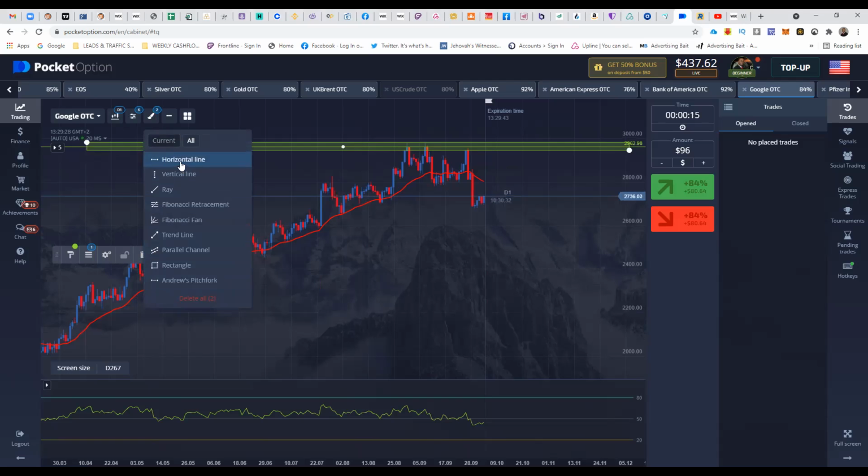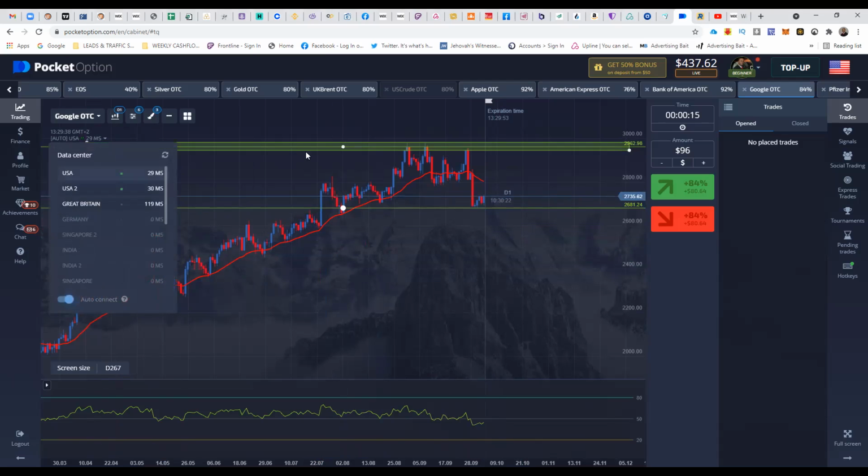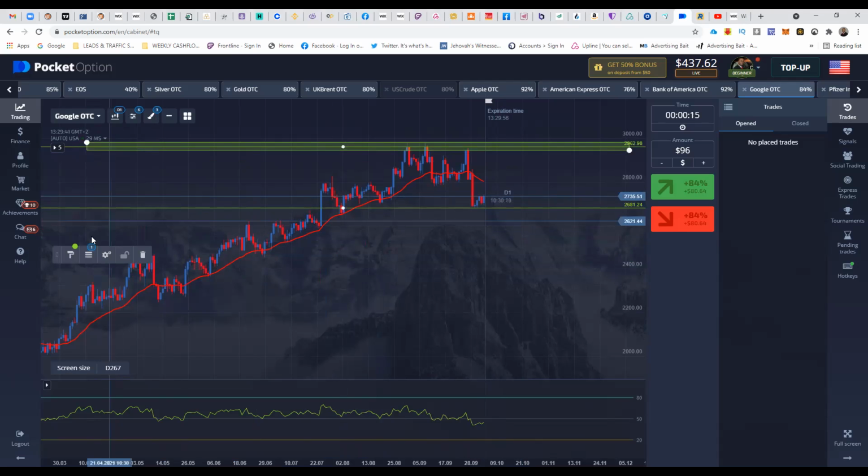And then we're going to take another horizontal line and go for the most recent low, which I could say is here off of this wick here. And so we're going to change the color of this here. Take that out.